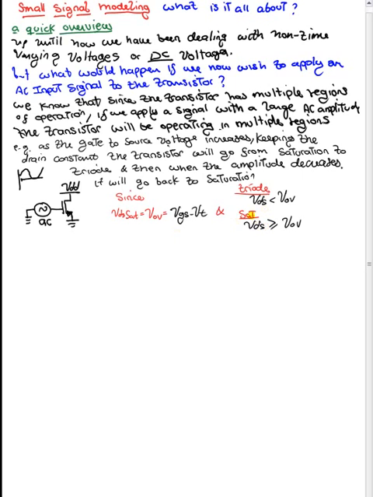This behavior is very non-ideal and non-linear, since transistors are themselves very non-linear devices.